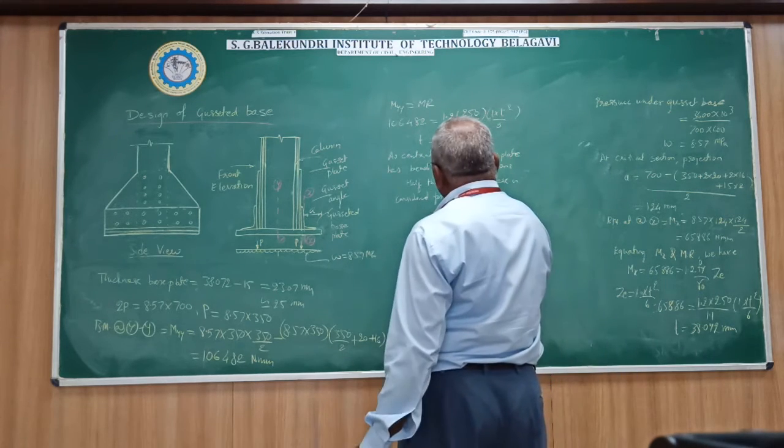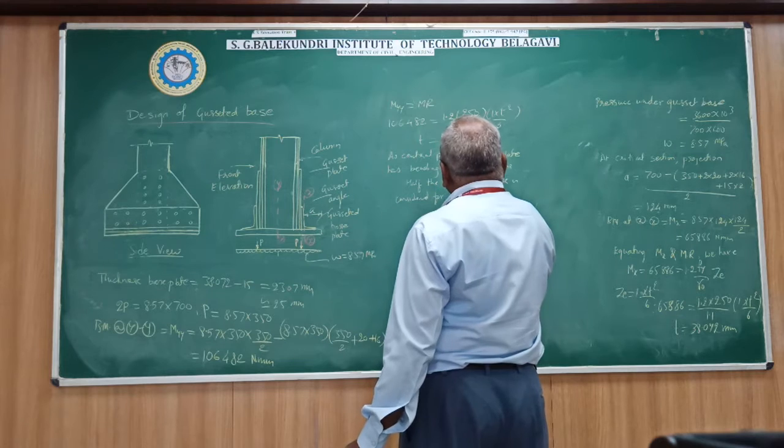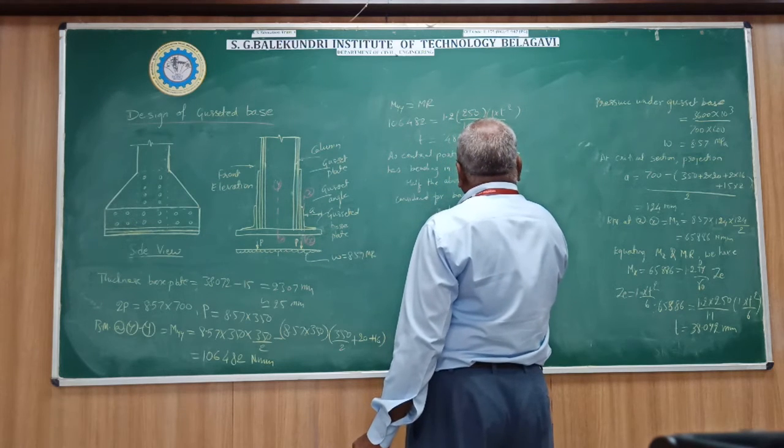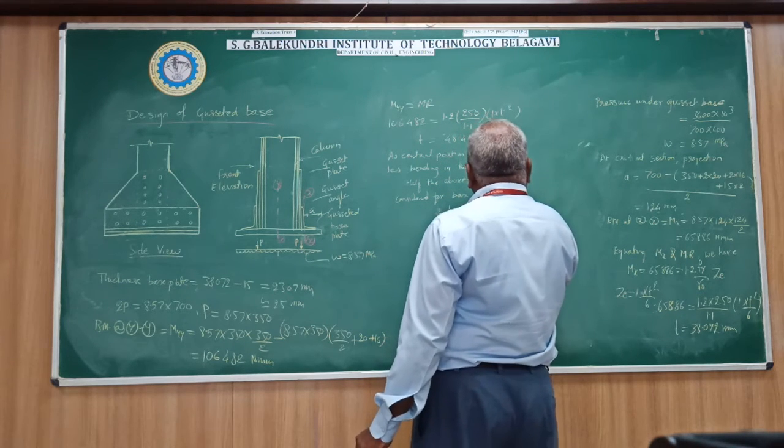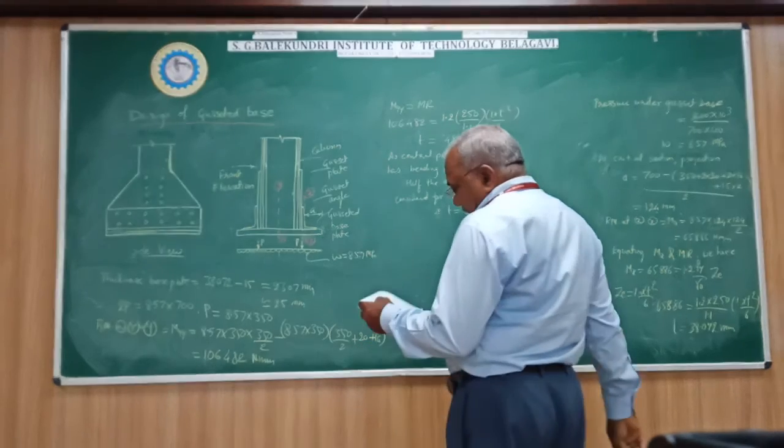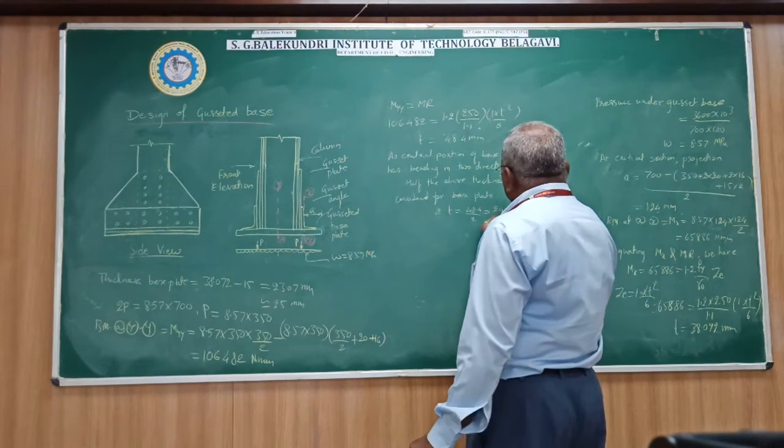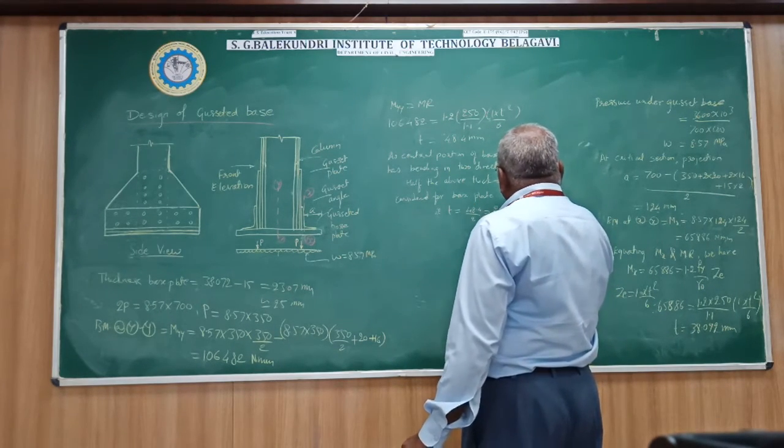Hence T equal to 48.4 divided by 2 equal to 24.2 mm, which is less than 25 mm.